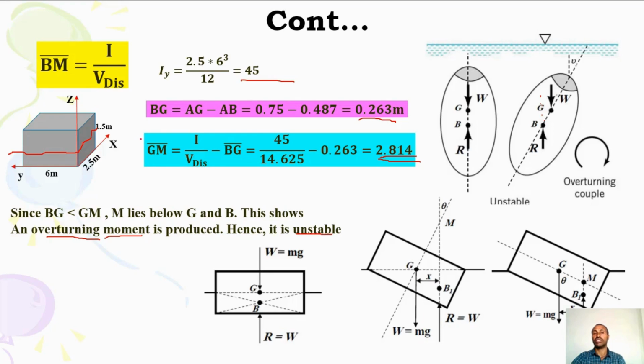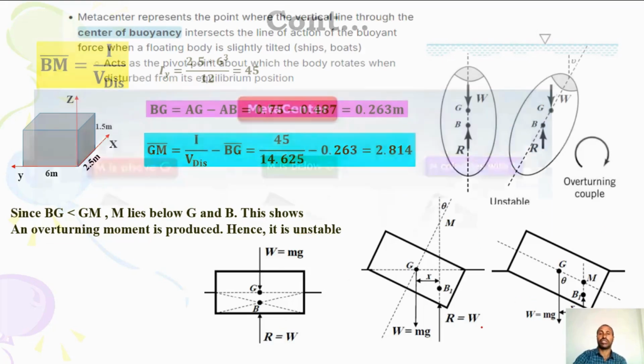Then we find this equation. So you have GM, the metacentric height. Then BM is already completed. Then from the moment, finally we found this result. So this is the sketch for metacentric heights.